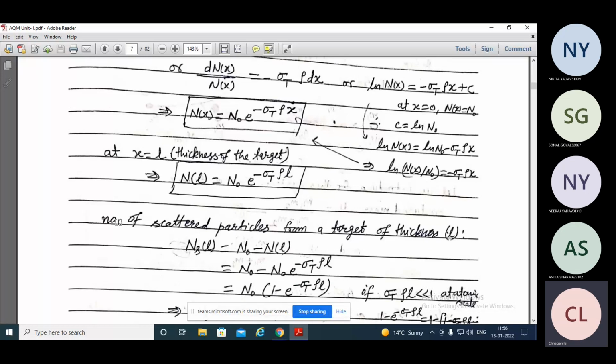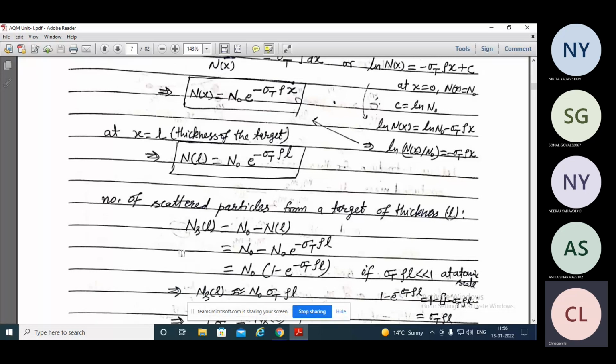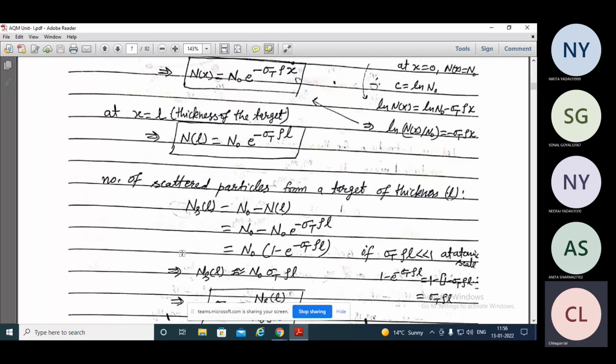So that's why we can calculate the number of scattered particles from the whole target. Now this is n naught minus N(L), which we already calculated, n naught exponential minus sigma t rho L, and then you can take n naught common: n naught times 1 minus exponential minus sigma t rho L.